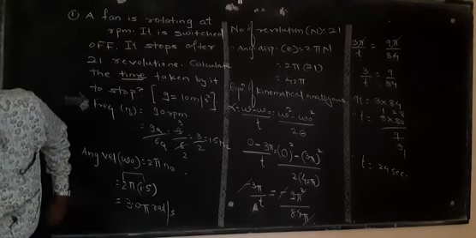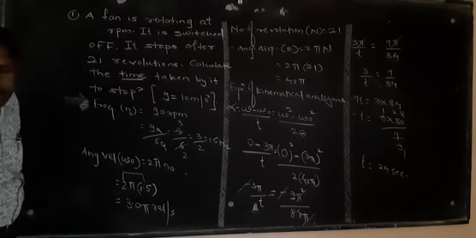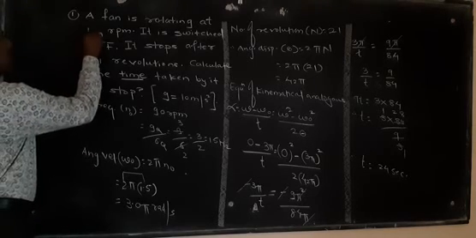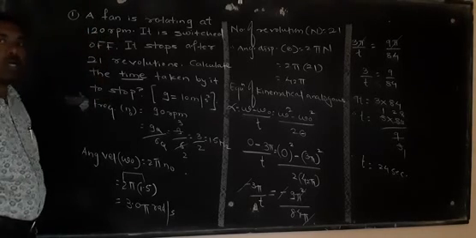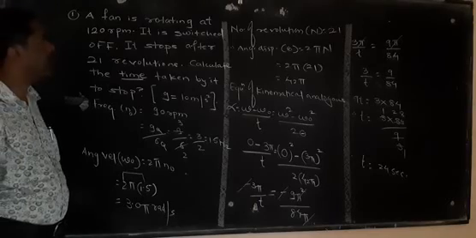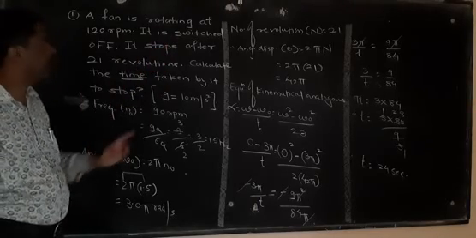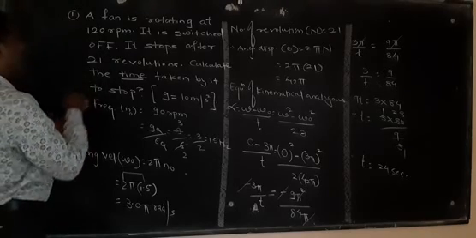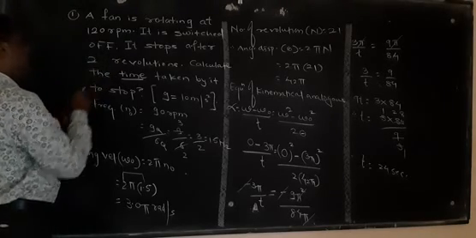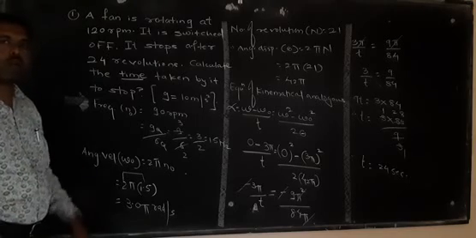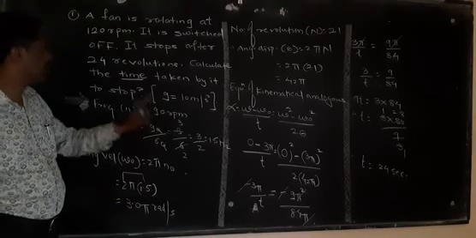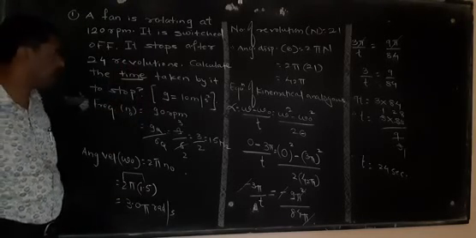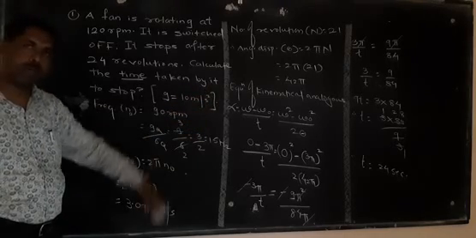A fan is rotating at 120 RPM. It is switched off. It stops after 24 revolutions. Calculate the time taken by it, assuming g is equal to 10 meters per second squared.